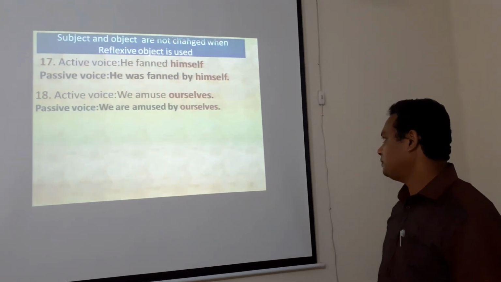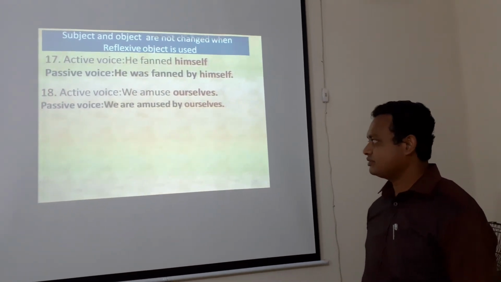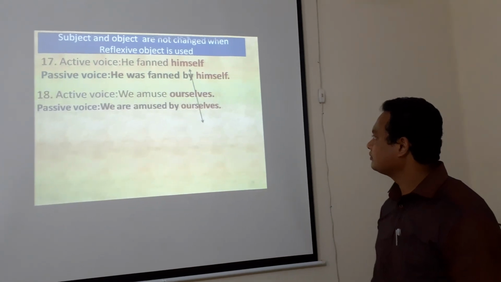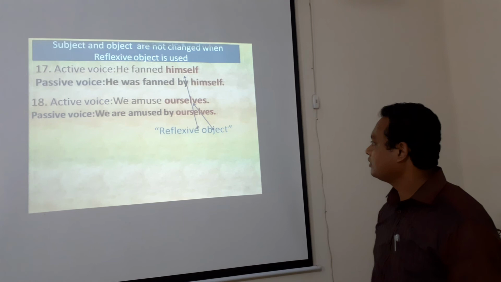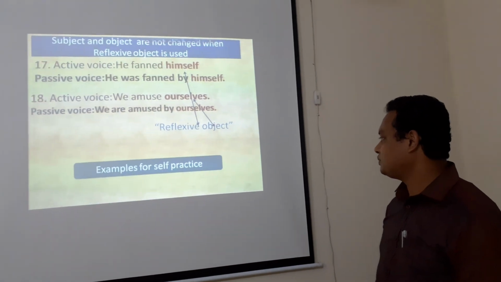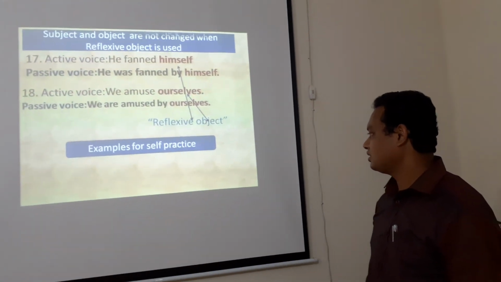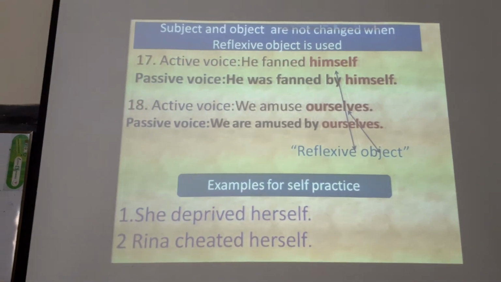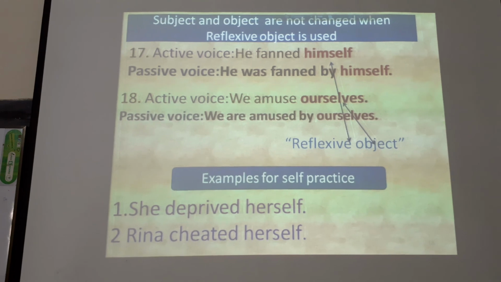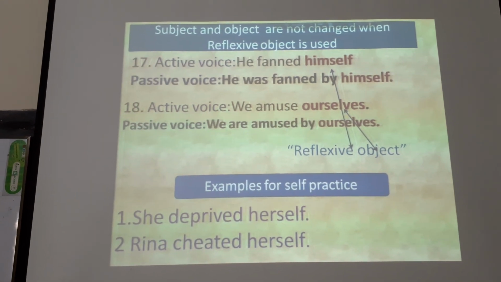Then the reflexive pronoun ourselves. Examples for self-practice. He deprived herself. Rina seated herself.